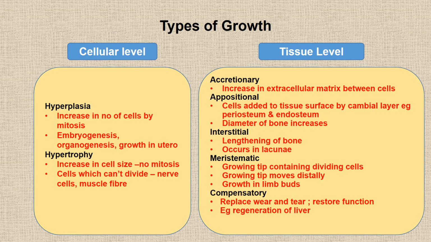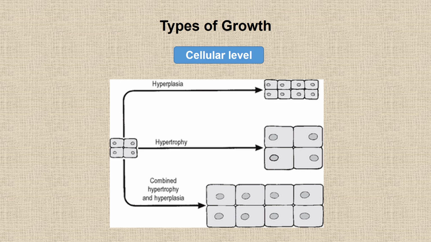Okay, what are the types of growth? Now, growth can be described at two levels, either at the cellular level or the tissue level. Growth at the cellular level can be either hyperplasia or hypertrophy. Hyperplasia means there is an increase in the number of cells via mitosis.